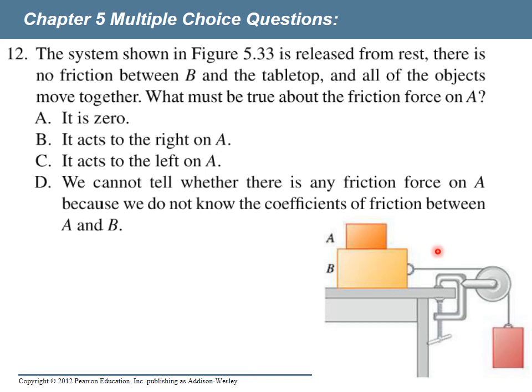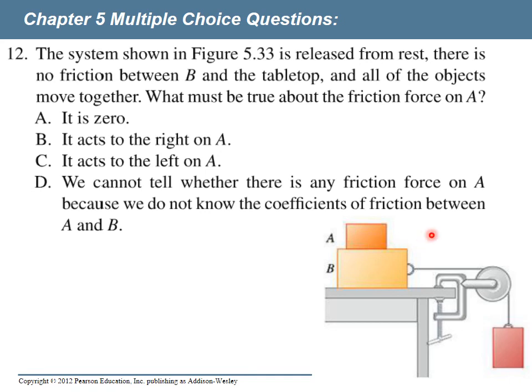So what's true about the friction force on A? How is A moving? Well, this tension will pull B, and there's no friction here, so I don't need to worry about that. But the tension here will pull B, so B will start moving. And now if A is going to start moving as well, then there needs to be something to transfer that force, right?